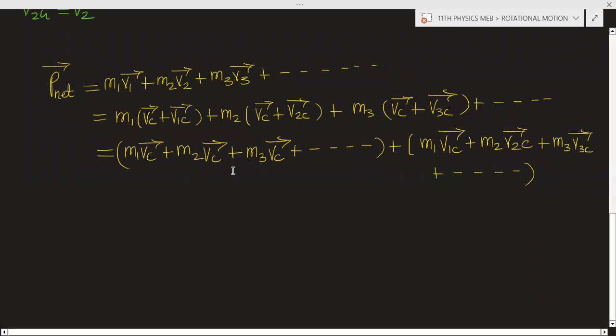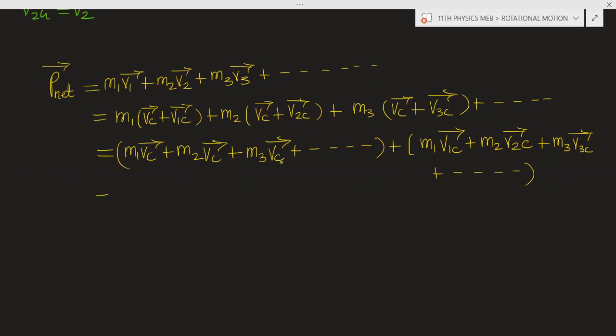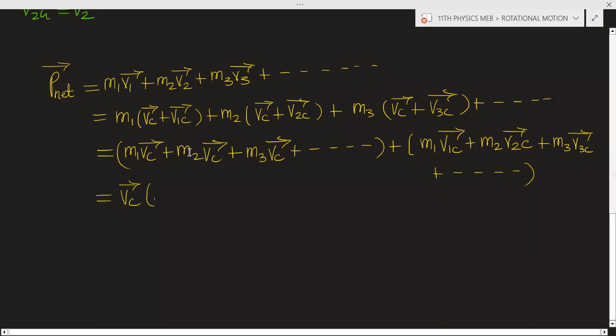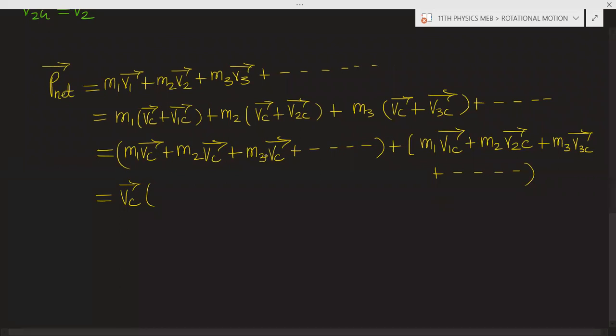Now from here Vc we can take common, and it will be m1 plus m2 plus m3 and so on.